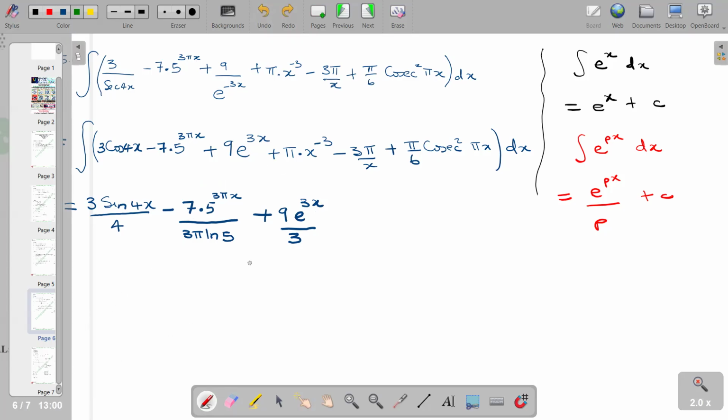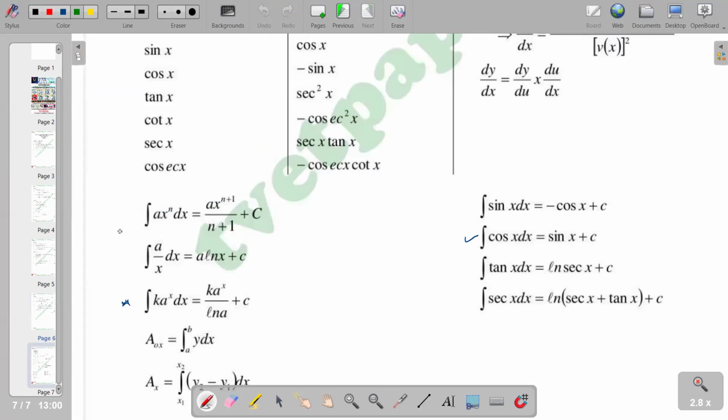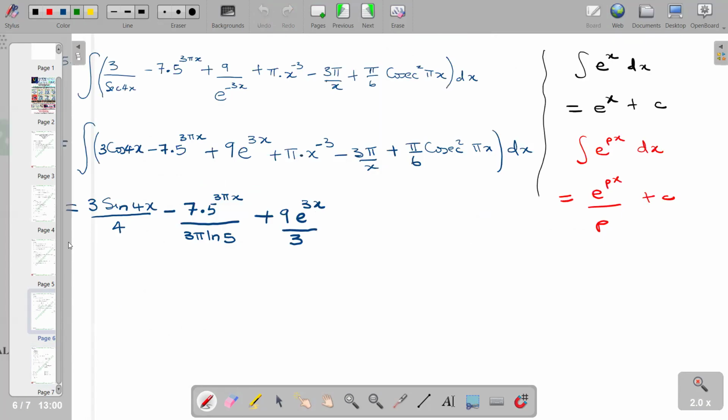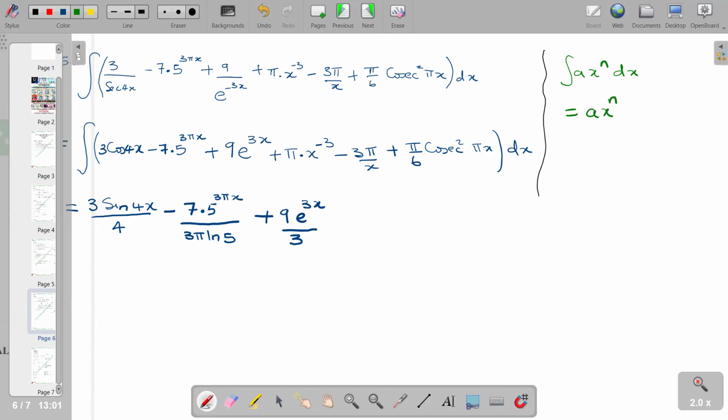Then we go to the next one here. We are going to apply what's here. They are saying the integral of ax to the power n with respect to x will be equal to ax to the power n plus 1 all over n plus 1 plus the arbitrary constant.